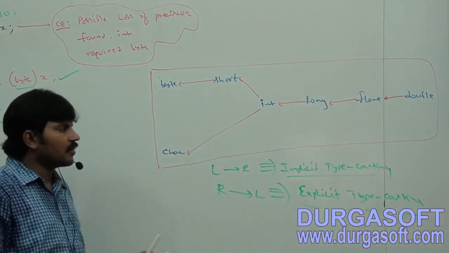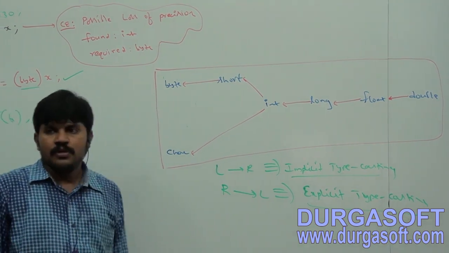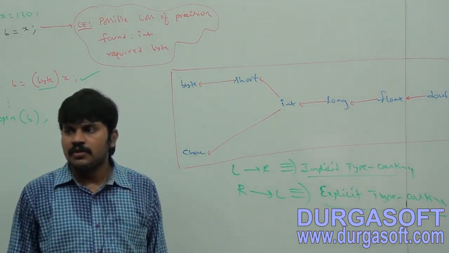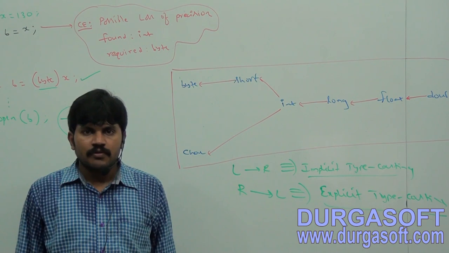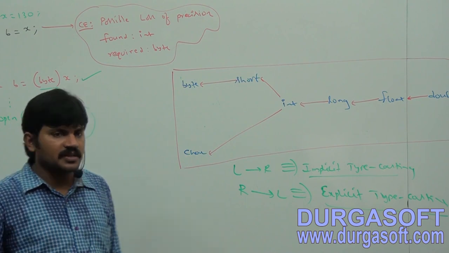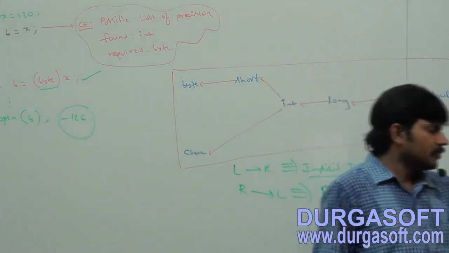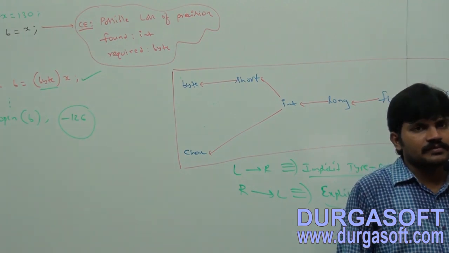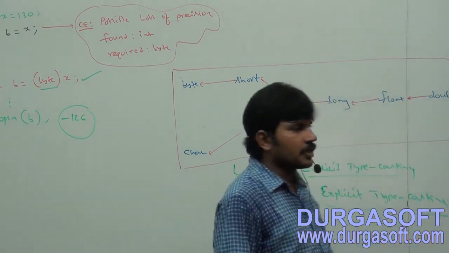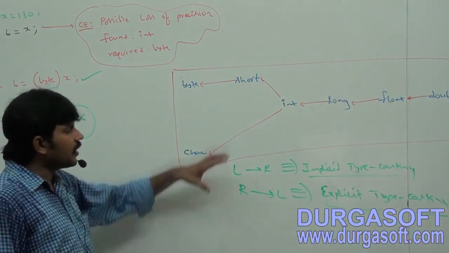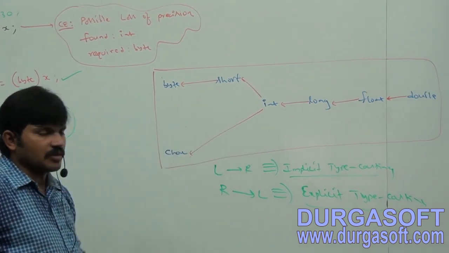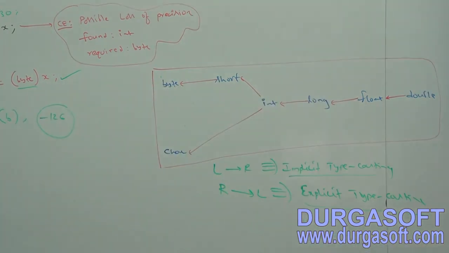The following are various possibilities where explicit typecasting is required. Take this diagram under these things also.